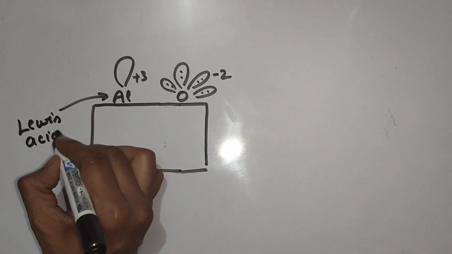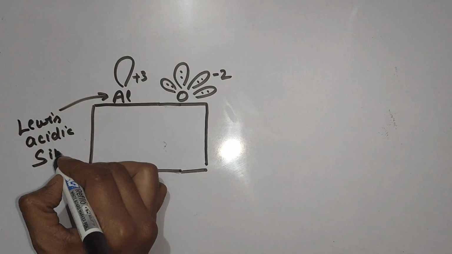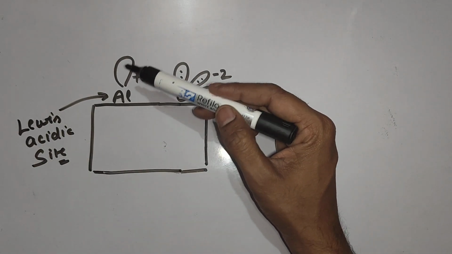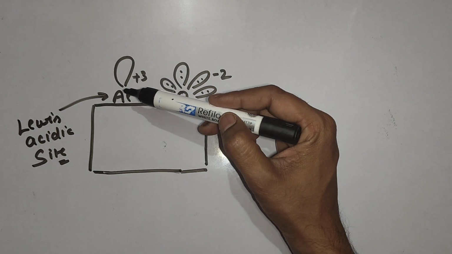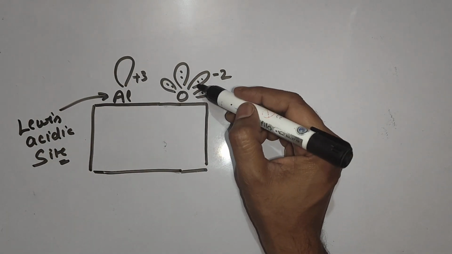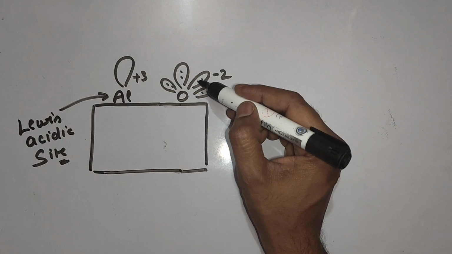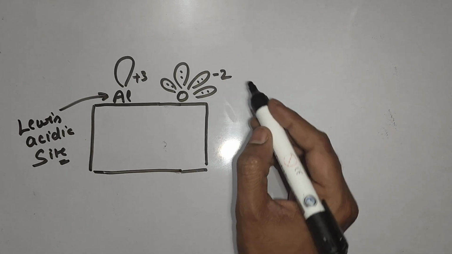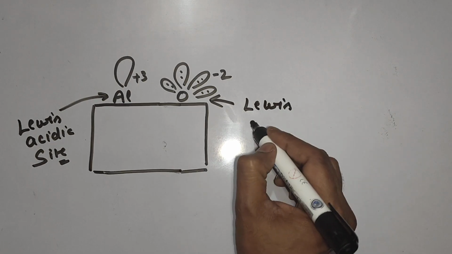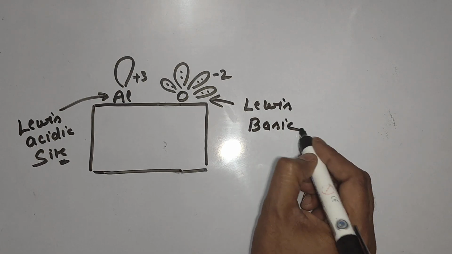Reason? Any atom with a vacant orbital has a tendency to gain a pair of electrons. Such atoms are known as Lewis acids. Whereas atoms with a lone pair have a tendency to donate a pair of electrons. That's why we can call them Lewis bases. So this oxide is working as a Lewis basic site.